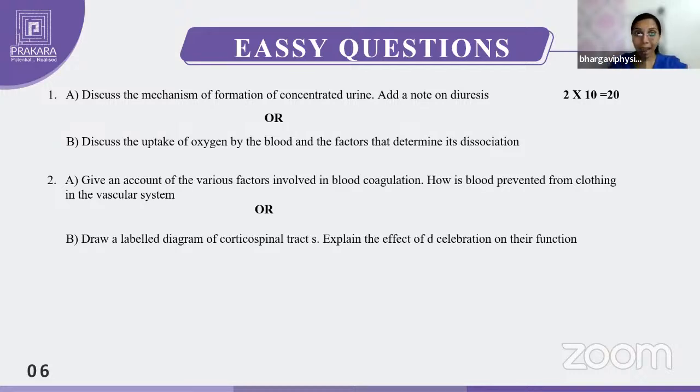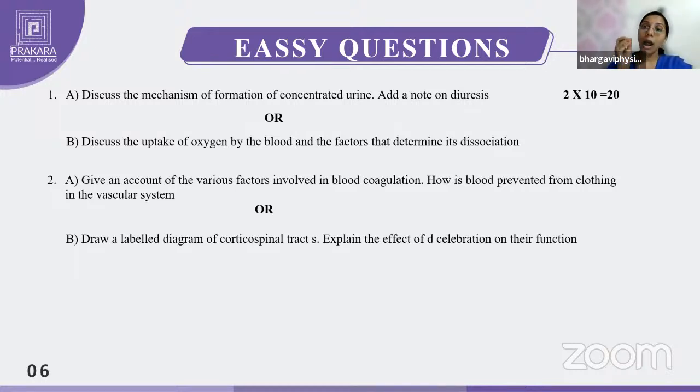That cascade mechanism you have to write properly, and the effect of enzymes on that reaction will be there, no? So the enzymes, you have to mention properly for intrinsic, extrinsic, as well as the common pathway.